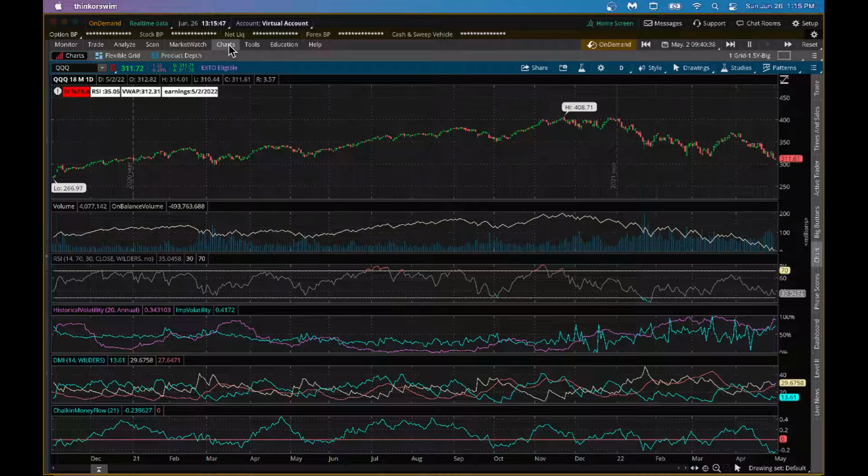Look, QQQ as of May 2nd is at around $311, and RSI at this time is around 35. That tells us it's a low RSI, and IV percentile is very high. That's our favorite time to sell some put options and make some money.